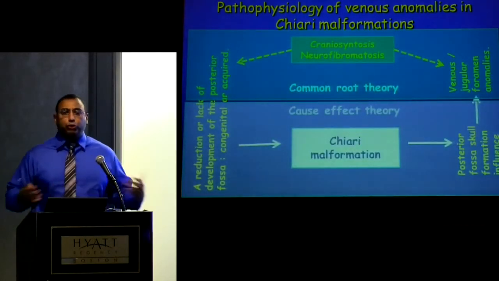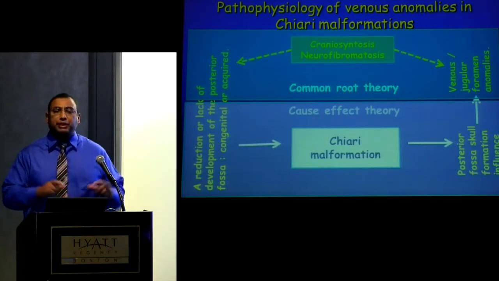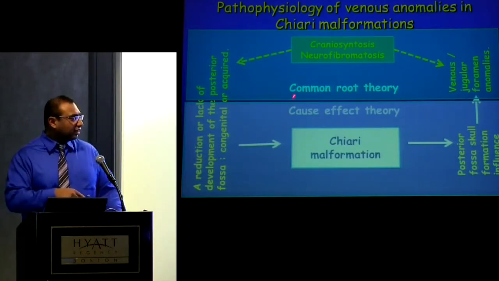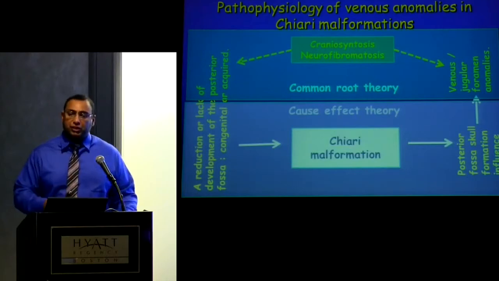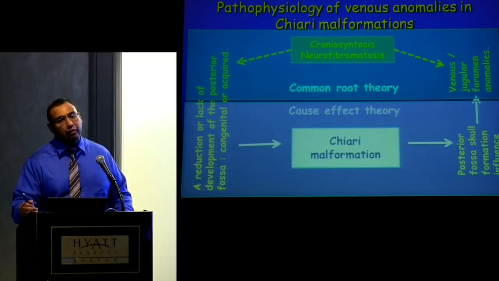So we are left with two theories. One is the common root theory, that one event precipitated both of them, or second, the Chiari malformation came first, and the venous abnormalities are a secondary consequence of the Chiari malformation.